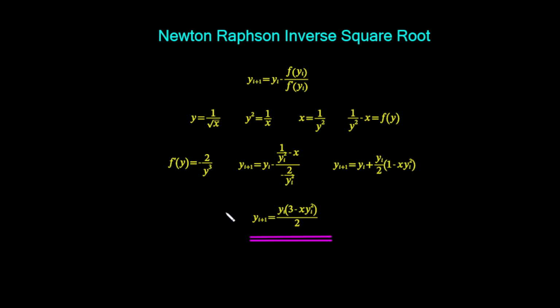Okay, and this is going to give us a better approximation to our square root. Now again, I've got the full derivation of this within the full 32-bit floating point unit division and square root course. So you can go into that course and see exactly how this is all derived. But we will see it implemented within our floating point unit.